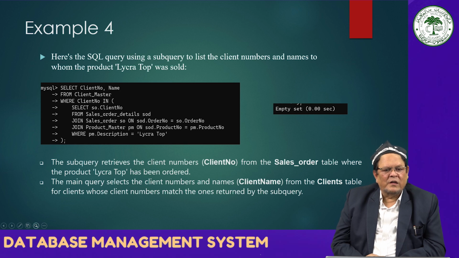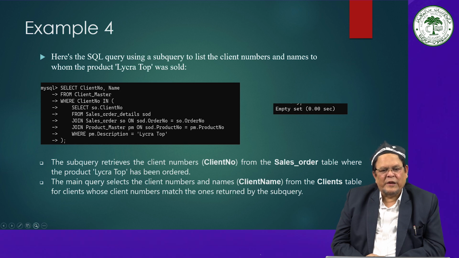Then you have to join the product master PM on product number from SOD must be equal to product number from PM. The condition here: description from the PM must be equal to Lycra top, within quotes. When you press it, it will display an empty set, no records are available for such type.